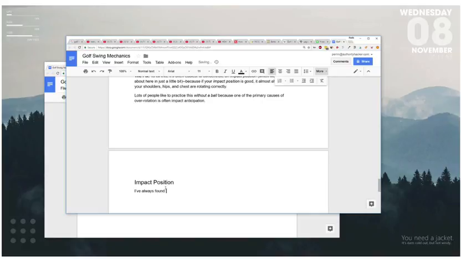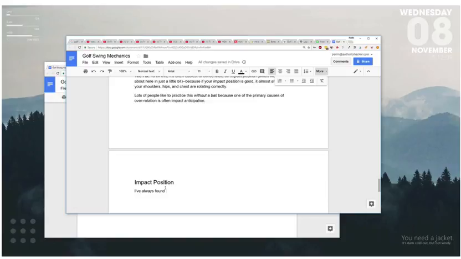I've always found, and this is true when I go to the driving range, which isn't often, but when I do go, that the most improvement in my golf swing in particular happens when I focus on impact position and getting that right.